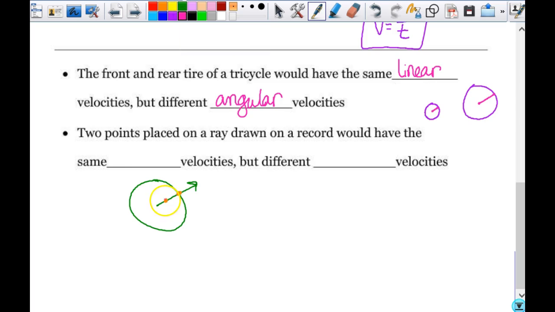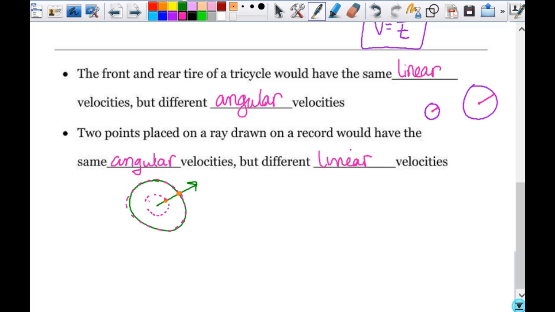When this one goes around, and this one goes around, do they cover the same amount of distance? No. This point's covering more distance than this one is in one revolution. So they would have the same angular velocities, but different linear velocities. This point is going to have to go a whole lot faster to cover the same amount of ground.